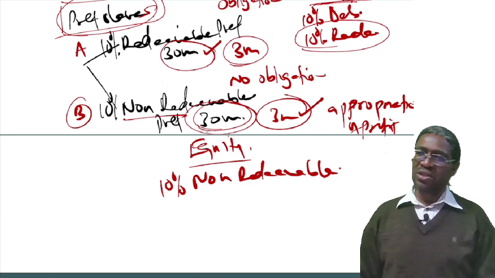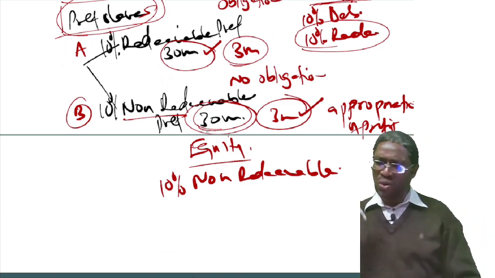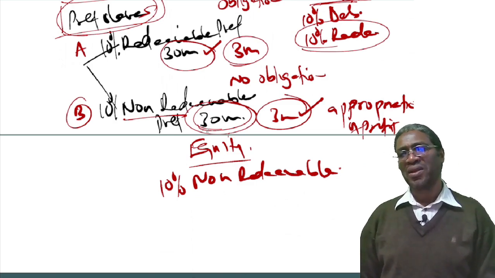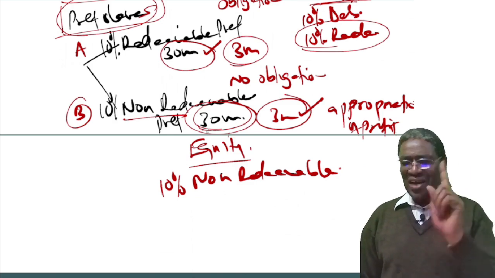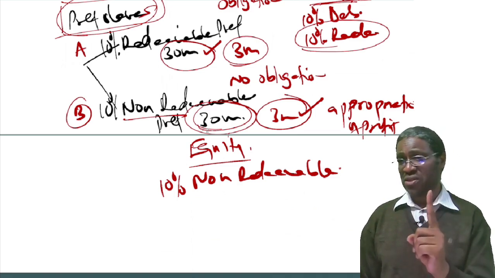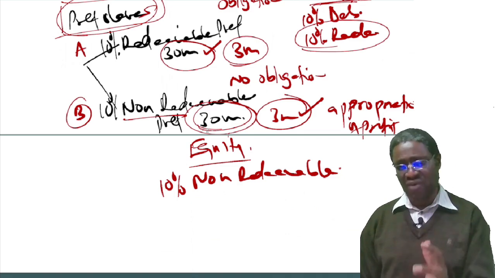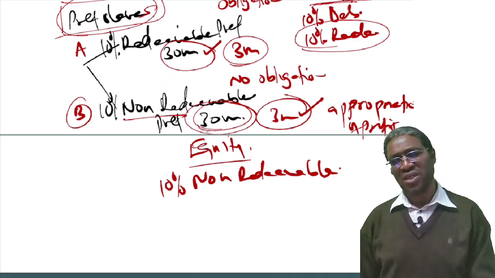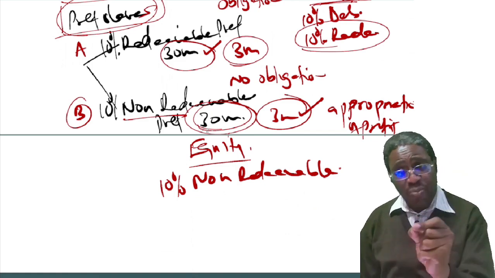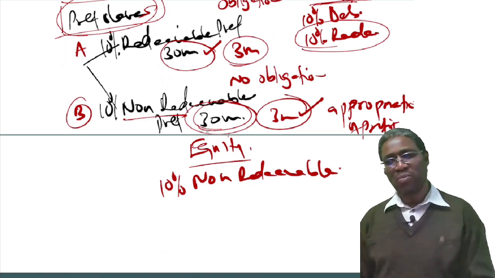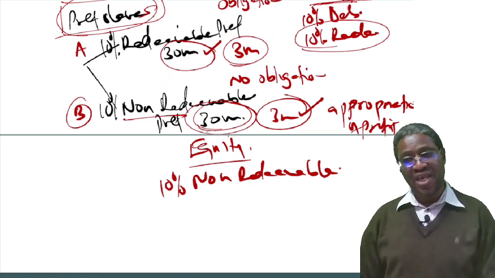So, whenever you are given a question on published accounts, listen carefully. The first thing, once you realize from the trial balance that they have preference shares, you have to ask yourself, what kind of preference share do we have? Do we have redeemable preference share, or a non-redeemable preference share?